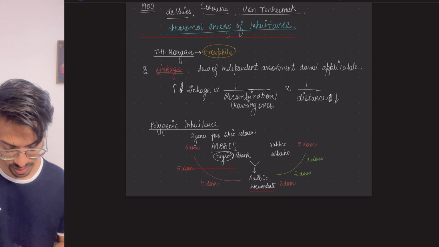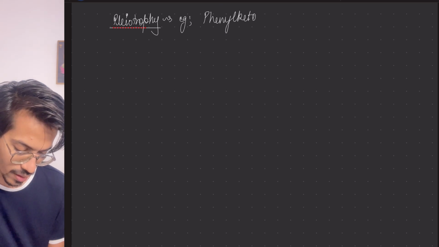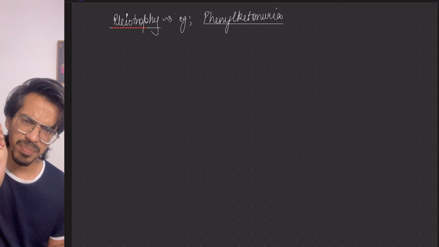Moving to the next thing, that is pleiotropy. Pleiotropy means a single gene is affecting multiple functions. An example of this is the disease phenylketonuria. We will learn about phenylketonuria more later, but here we will understand the basics.